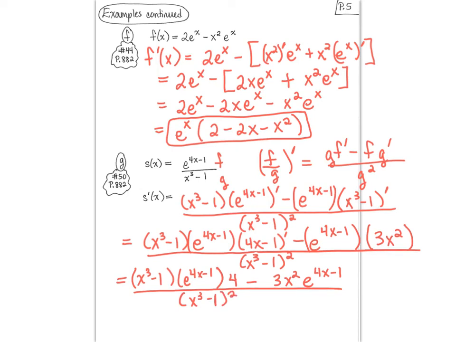And the only thing we can do from this point is notice that, hey, there's an e to the 4x minus 1 here. There's also one here. So we can factor that out and rewrite it.